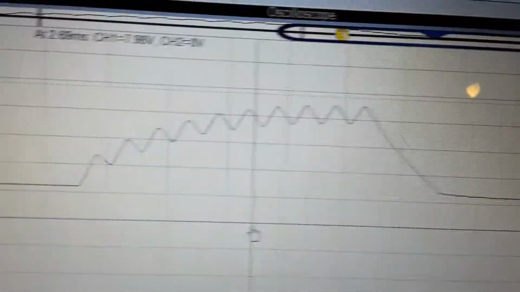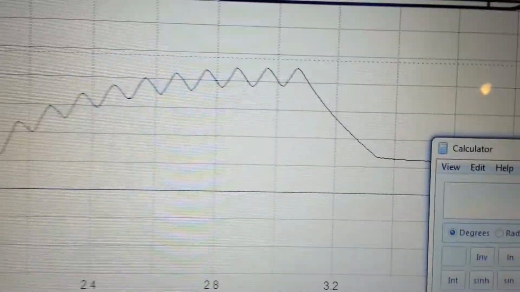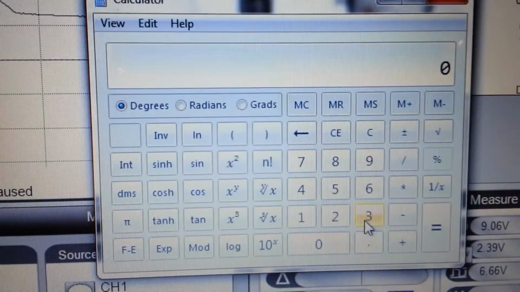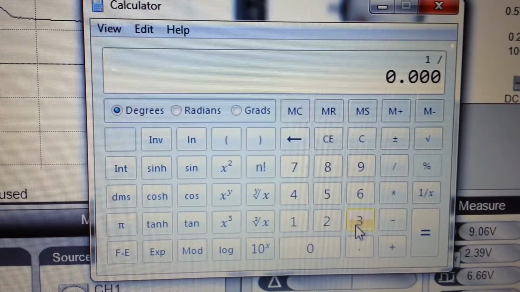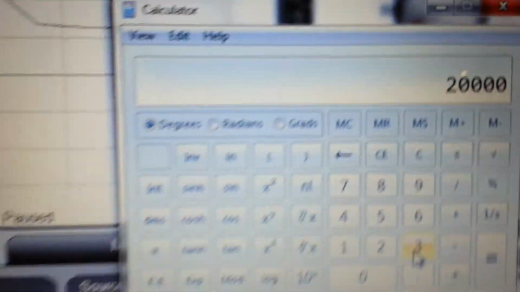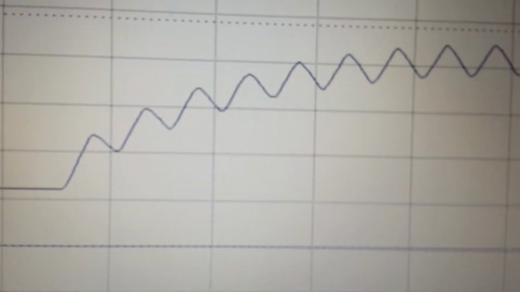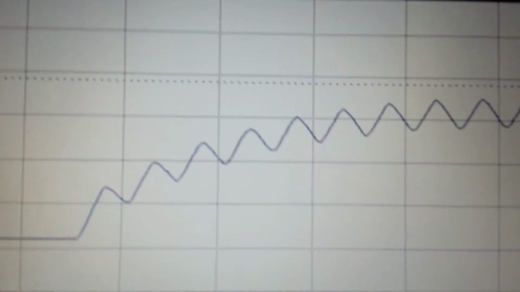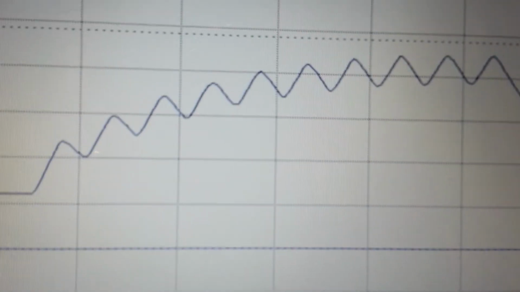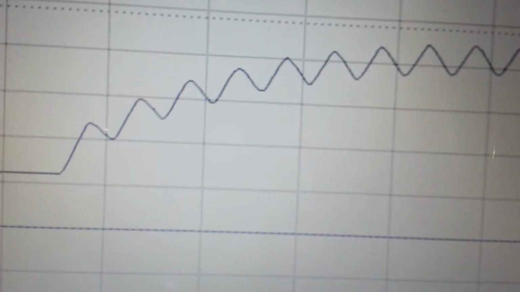So subtract 2.12 from 2.17 milliseconds, and you get a pulse length of 50 microseconds, which is equal to 20 kilohertz. So a 10 kilohertz pulse at 50% duty cycle is the same as a 20 kilohertz at 100% duty cycle, as far as the pulse length is concerned.